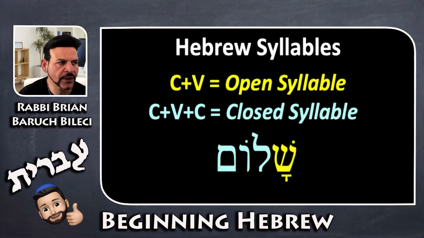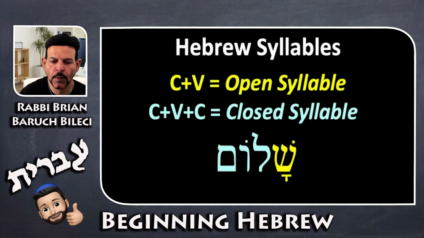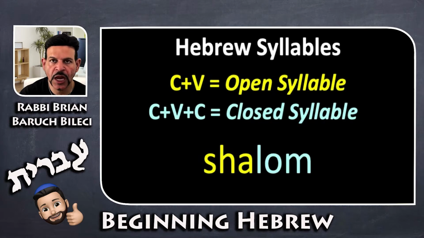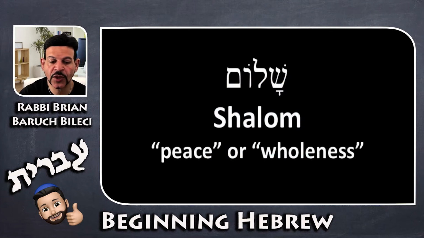So if we take a look at this construct, we see that we use the Mem Sofit, as you see here, to build out that word, so that Shalom has a closing consonant to spell out Shalom, which is translated peace, but really means wholeness.